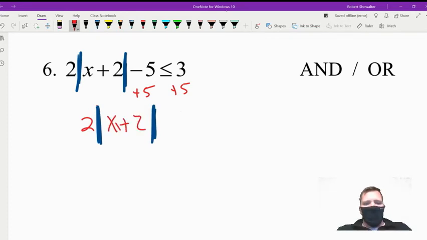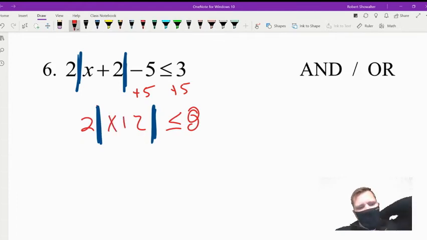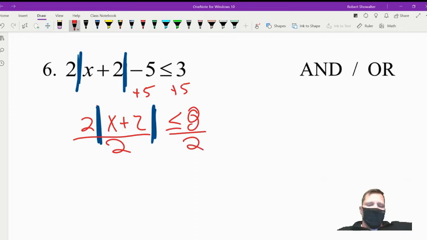X plus 2 less than or equal to 8. Please note when you do this that we're not going to distribute this 2. Absolute value bars are not the same as parentheses, so we need to deal with them differently. Divide by 2. Absolute value of x plus 2 is less than or equal to 4.